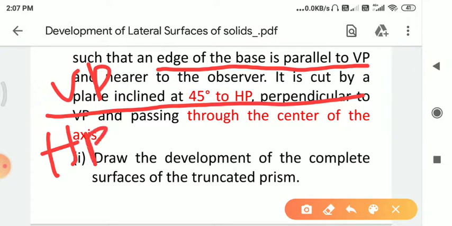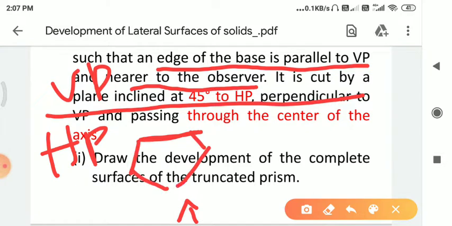I have to draw one side of the pentagon parallel to VP. Then it is a plane parallel to VP. And he says nearer to the observer. What does nearer to the observer mean? If I draw here, you are the observer here. If I draw the pentagon this way, it comes away from the observer.